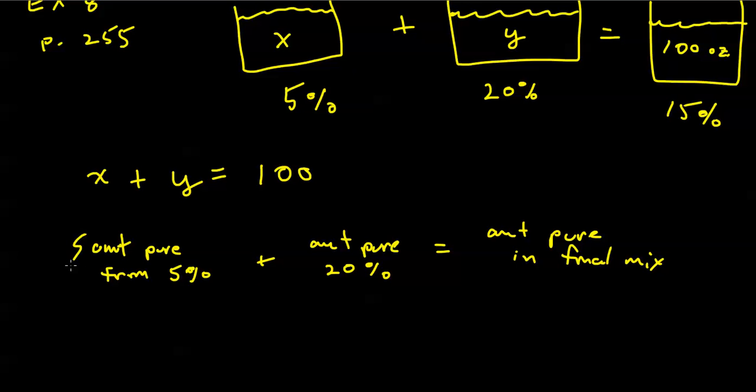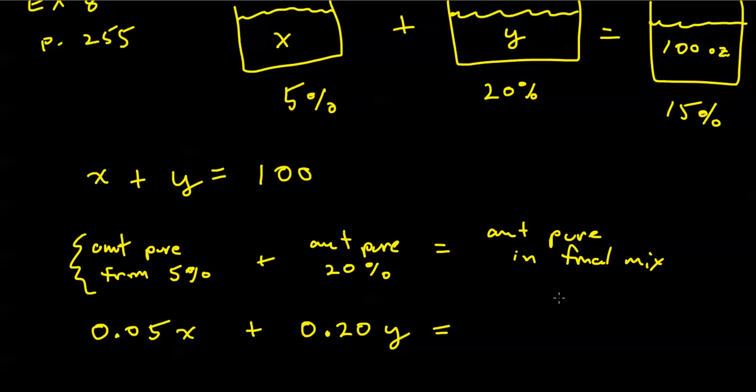Well, what's the amount of pure acid from the 5% solution? Well, you've got X ounces at 5% strength, so I claim the amount pure from the 5% vat is 0.05 times x. Plus the amount of pure acid in the 20% vat. Well, that's going to be 0.20 times y.